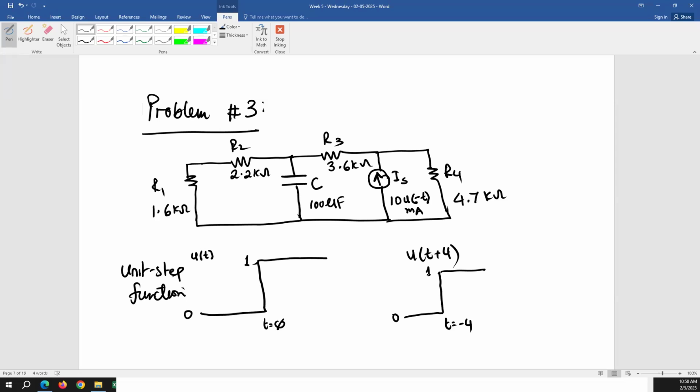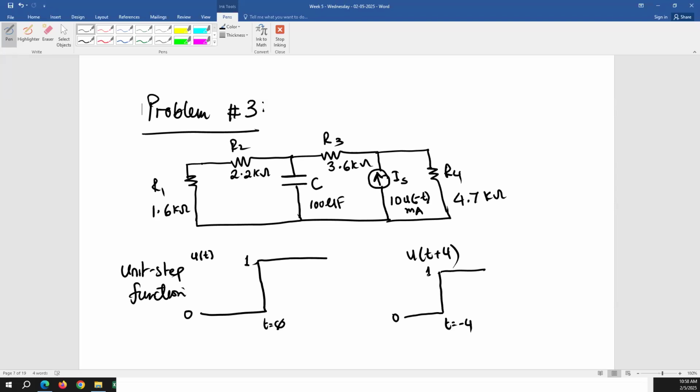It is going to be on for all the negative values of t until t becomes 0. And for all the positive values of t, the argument is going to be negative, so the function is going to turn off. So this is basically putting a switch in series with is and opening that switch at t equal to 0. That's what it means, right?